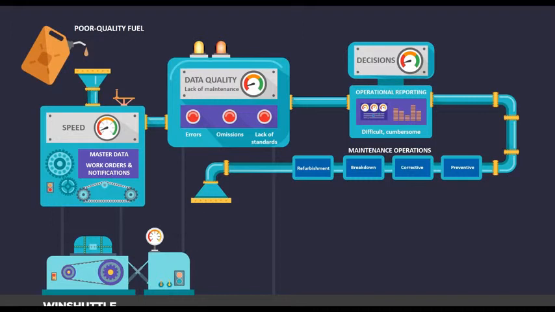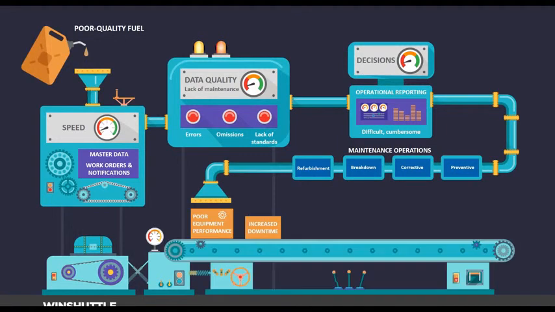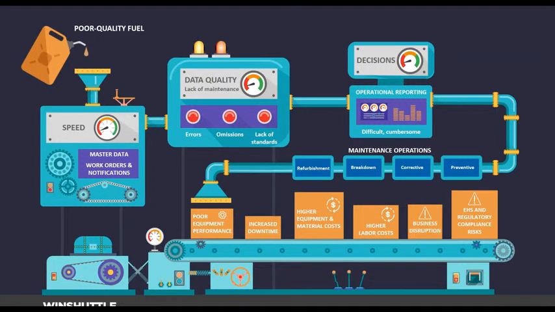If you combine that with poor data quality because you've got no filters, it's easy to see how the whole business of running your maintenance operations can become slow and inefficient. This can have major downstream consequences for your business, including poor equipment performance, higher costs, and increased business disruption and risk.